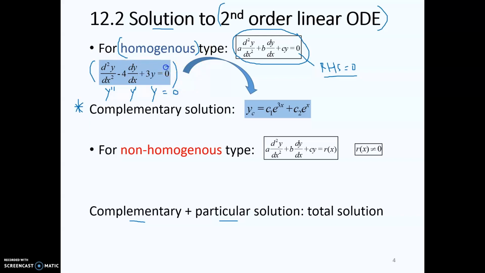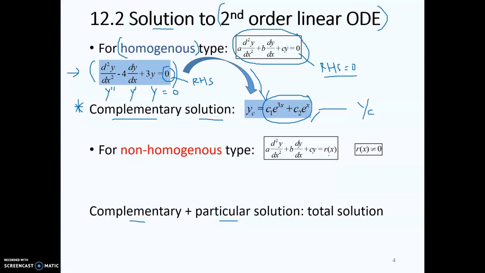So in this case, you find that the right hand side is equal to 0. Therefore, we can say that this is the homogeneous ODE. We will learn the strategy to solve the homogeneous ODE later. At the moment, let's assume the solution is provided, and the solution that you obtain from the homogeneous ODE is called the complementary solution, which is equal to YC here. So for this example, your YC is equal to this answer.